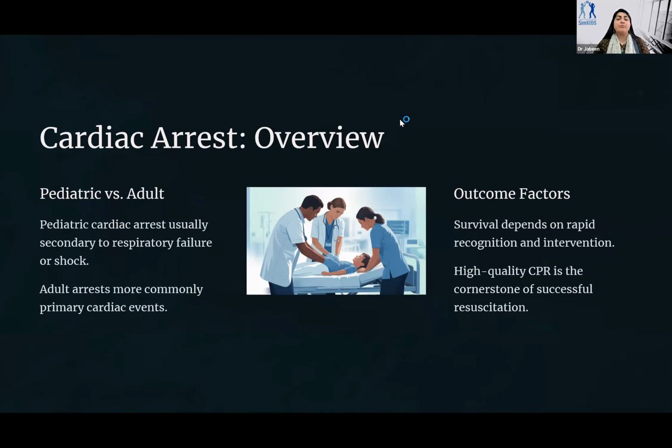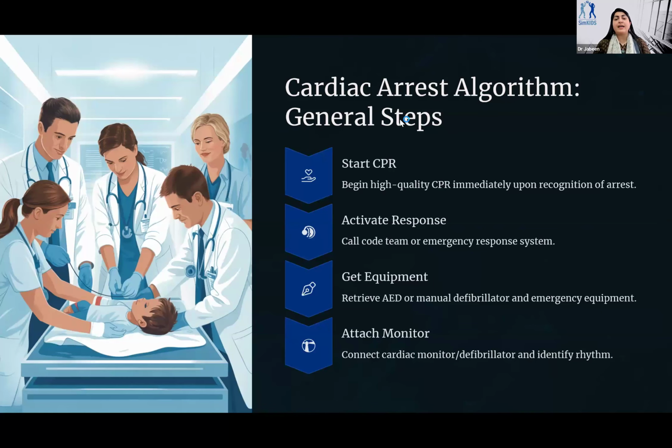Another factor which will improve the outcome is high quality CPR, as we talked about earlier. But the important thing: always start CPR immediately if pulses are not present. Activate the response. If you are on the scene, it will be EMS. If you are in the hospital, there are code blue teams.